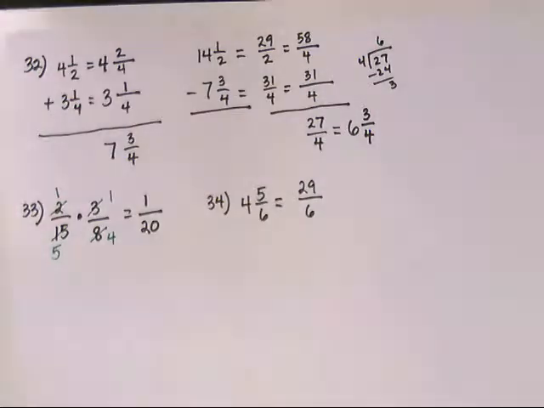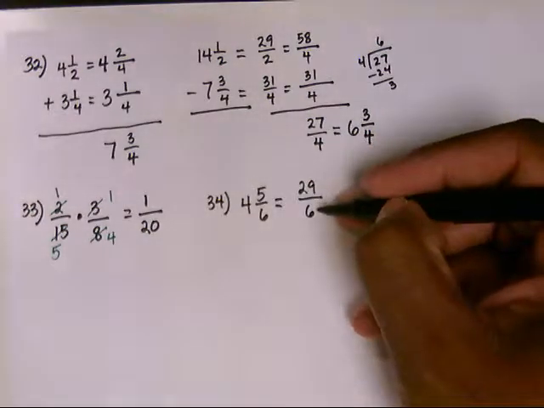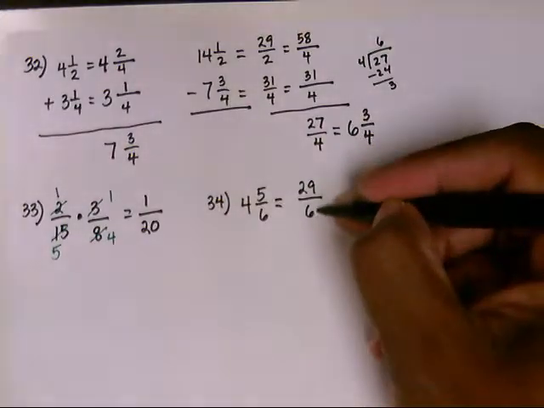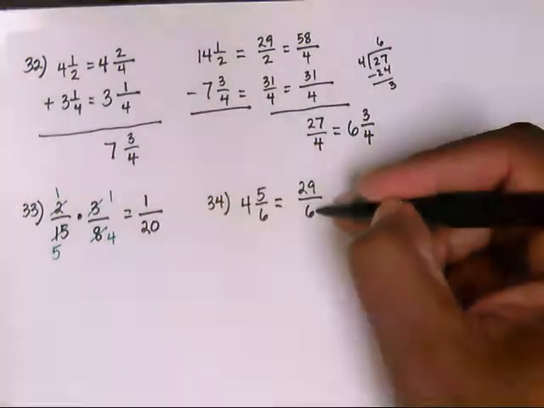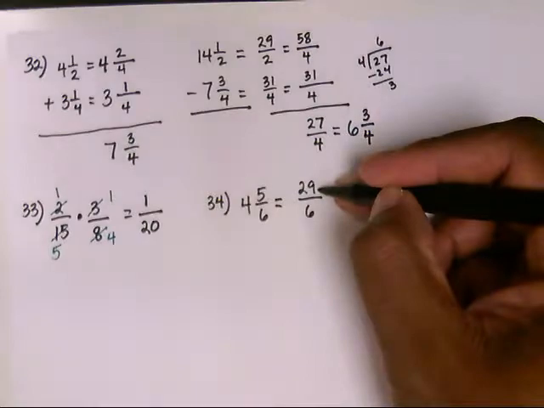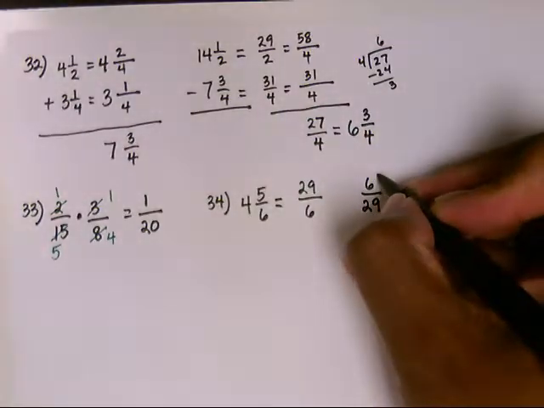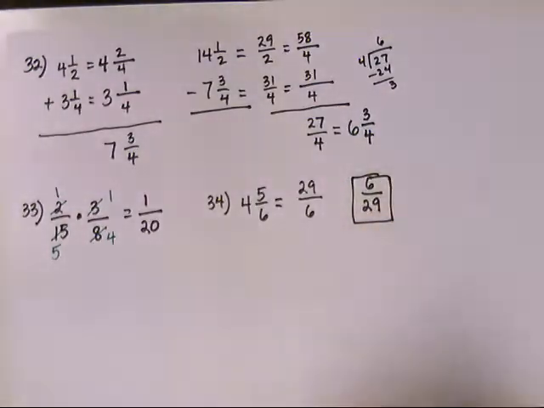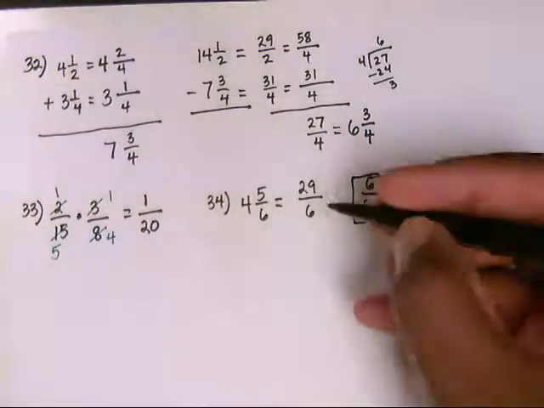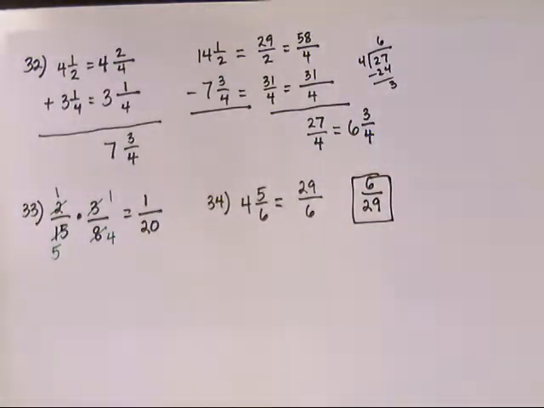So 29 over 6 will be the improper fraction. Now for the multiplicative inverse or the reciprocal, we just flip this over. The numerator becomes your denominator, and the denominator becomes your numerator. So the multiplicative inverse is 6 over 29. All I did was invert this improper fraction to get its reciprocal or multiplicative inverse.